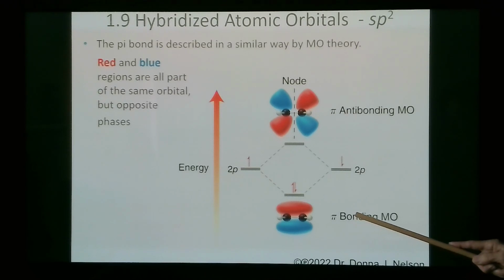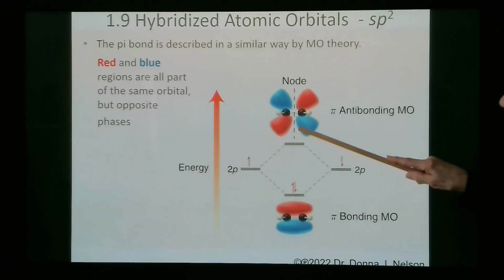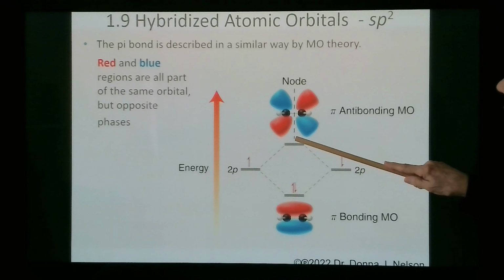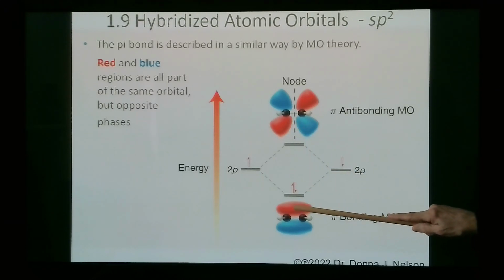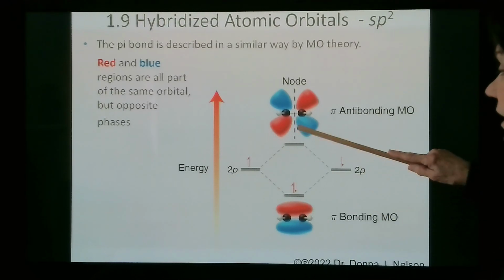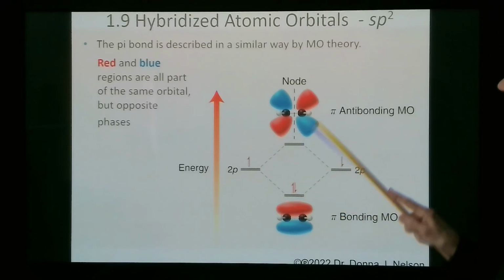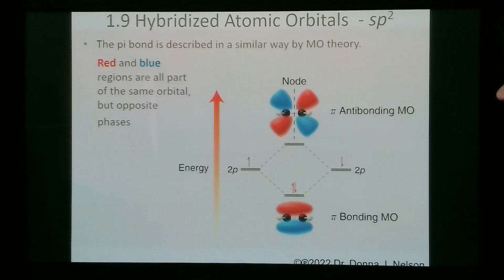Every time you make a bonding orbital, an antibonding orbital is created, and they form a pair. This antibonding orbital corresponds to this bonding orbital. If you populate this antibonding orbital, it will tend to, or it will, break the bonding orbital or the bond that it corresponds to. So this is a set. This is a pair. Okay, this antibonding orbital doesn't correspond to some other bond. It corresponds to this bond.